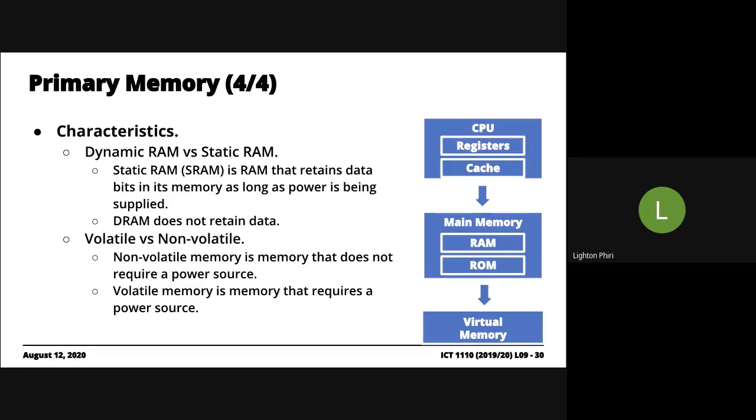The other interesting characteristic, and perhaps important, and we'll come back once we start our discussion of secondary storage, is this idea of a memory component being volatile or non-volatile, right? So a non-volatile memory component is one that doesn't lose its content when you stop supplying power to it. But a volatile memory component is one that will no longer hold the data or the program instructions when you stop supplying power to it, right?